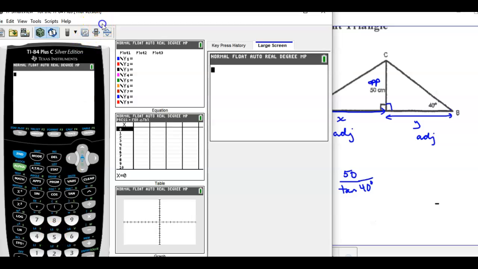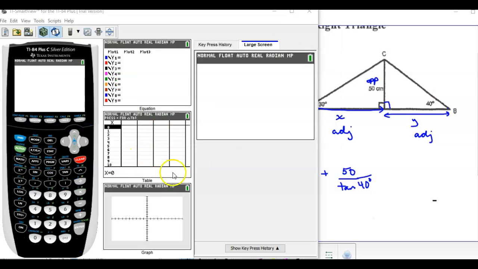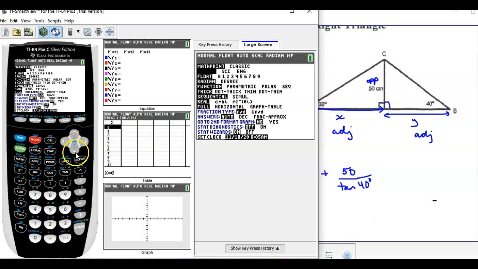I'm just going to move it up a little bit if I can. Maybe I can't. In any case, just give me a second. Okay, I think I got my calculator going here. So first thing is 50 divided by tan of 30. Close the brackets on that, then go to your mode key and make sure you're in degree mode.